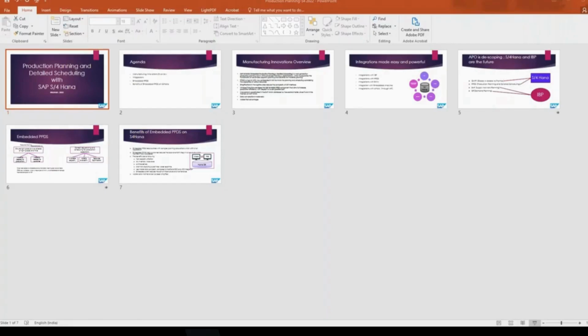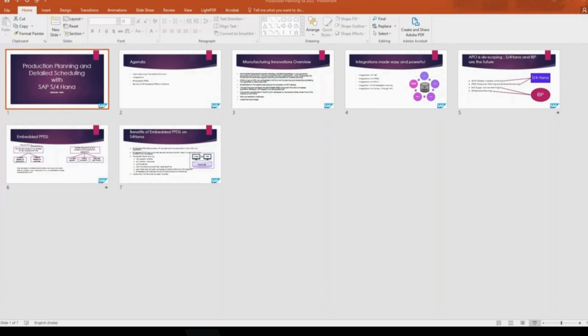I will try to provide what I know. There was an issue with the transactional data sync between APO and ECC. That is the main reason they wanted to move it from APO to ECC, so that the scheduling and everything will happen there. That is one aspect.